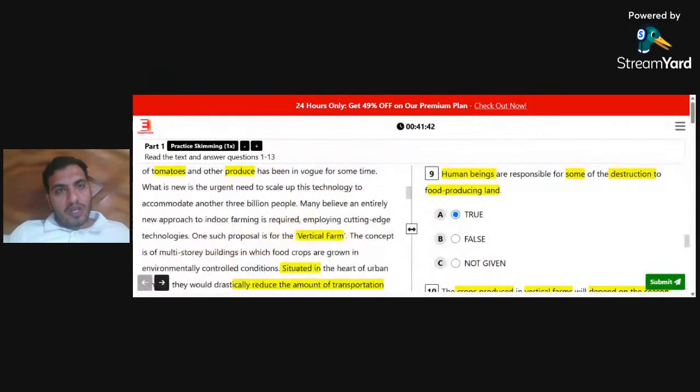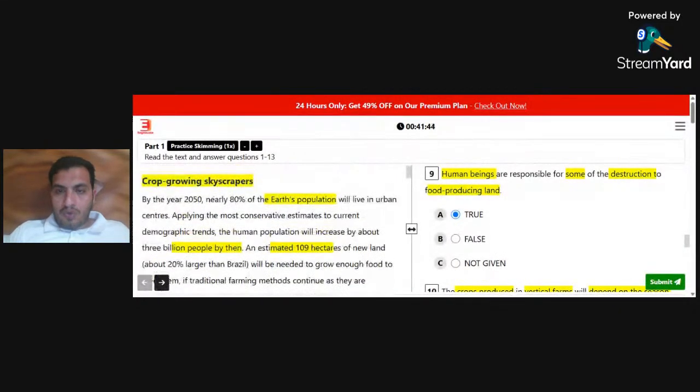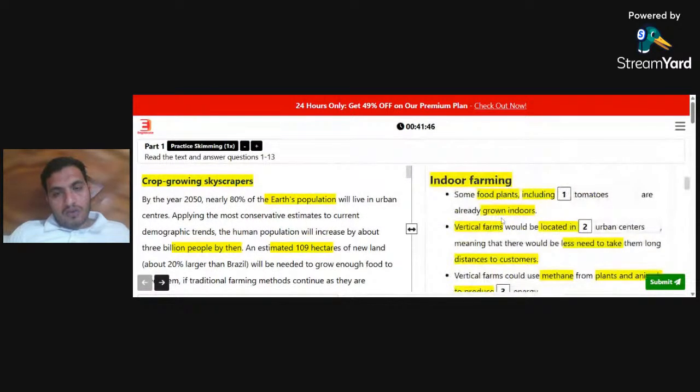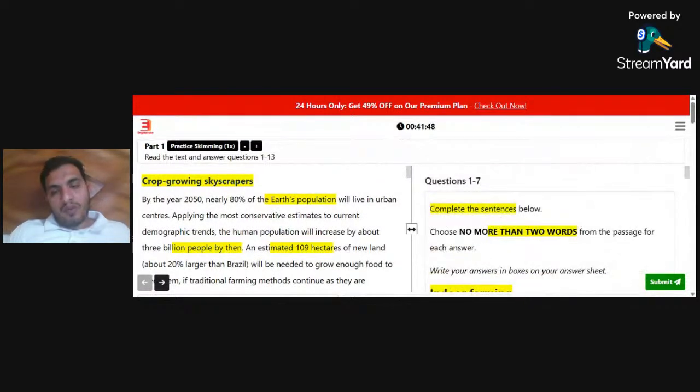So just by doing a little bit of practice, you can learn how paraphrasing is actually done in the IELTS exam. And by using these paraphrasing techniques, using this vocabulary, you can develop your vocabulary for writing tasks. You can develop your vocabulary for स्पीकिंग पार्ट.